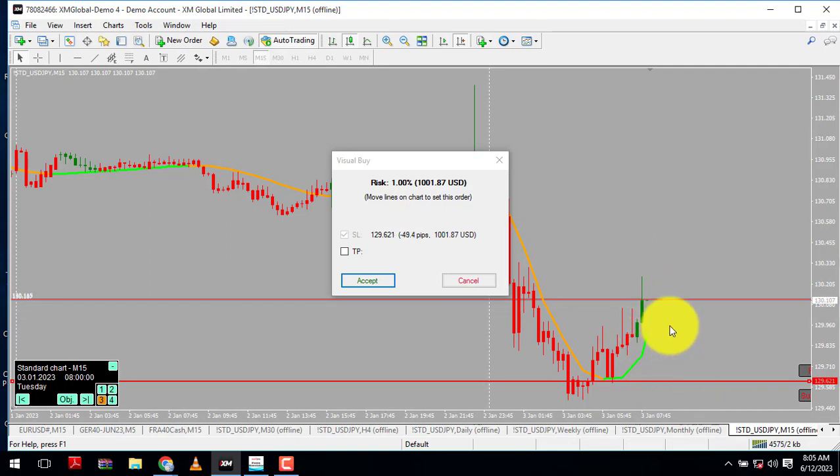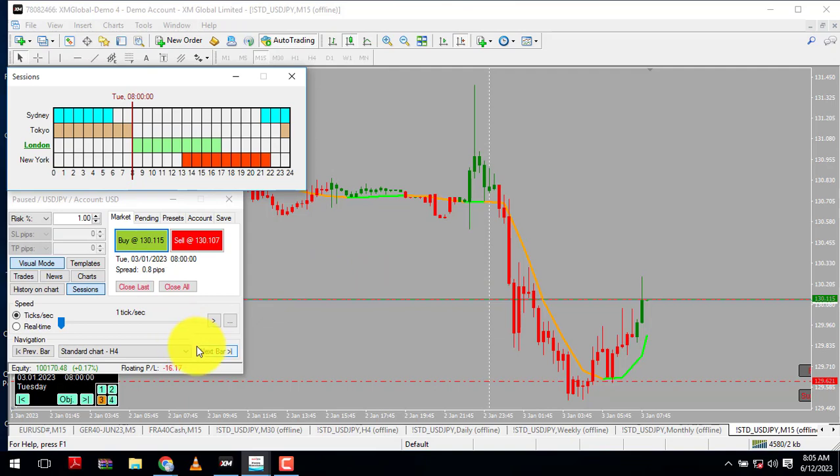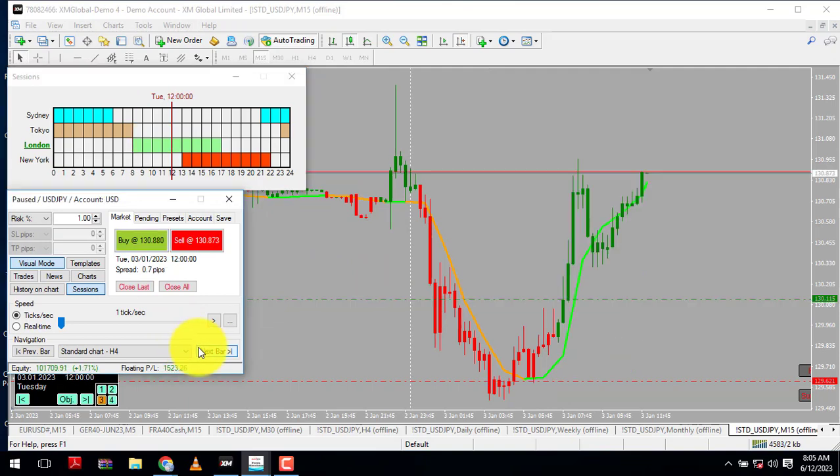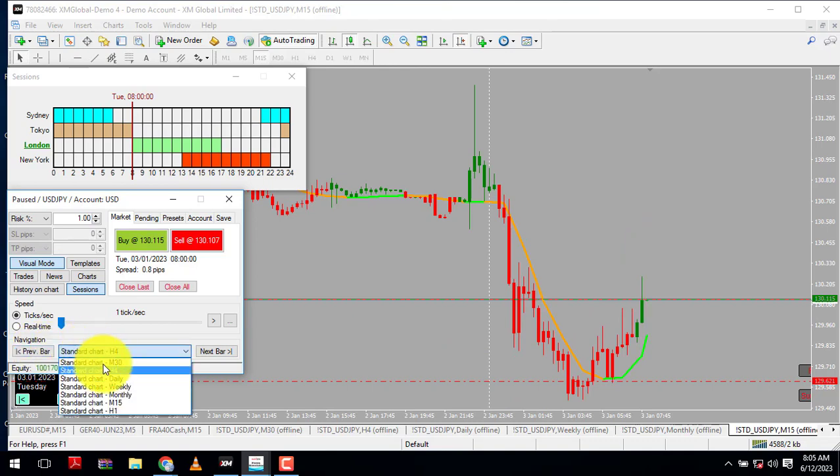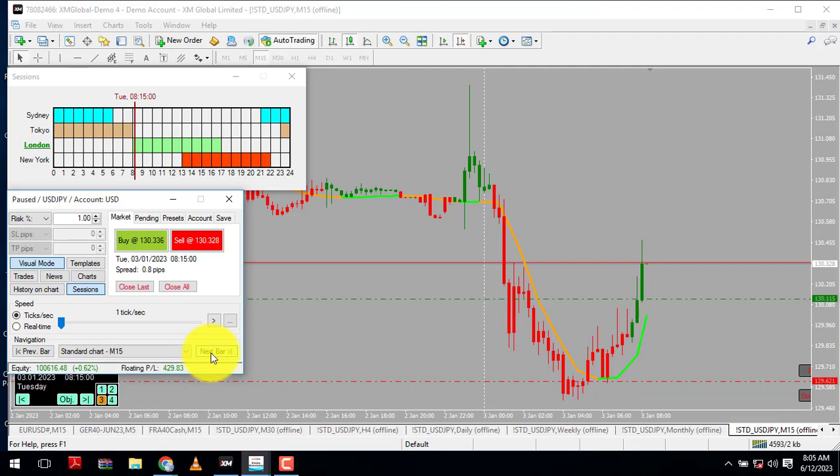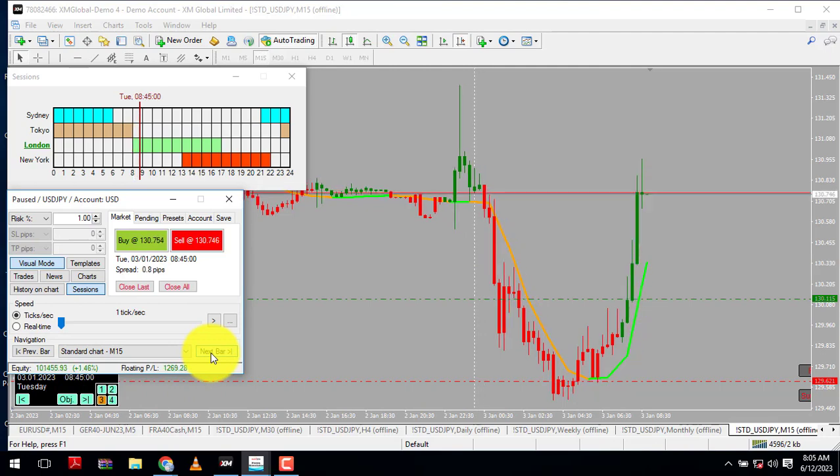So the distance between here is now 1%. The risk is only 1% of the account. No, I don't want to move with the 4 hour. We are moving with the 15 minutes so that we can see.